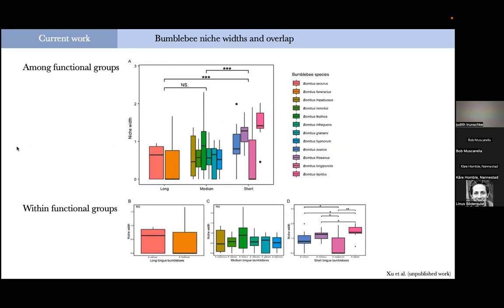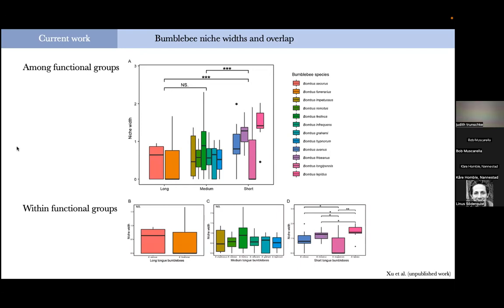So we did a niche width analysis of bumblebees. And what is a niche width? So the niche width defines the ecological resources that are open or used by a certain species. So in our analysis, it's the number of different plant species that a bee is using. And so we were analyzing whether among these different tongue length groups of bumblebees, they have different niche widths.